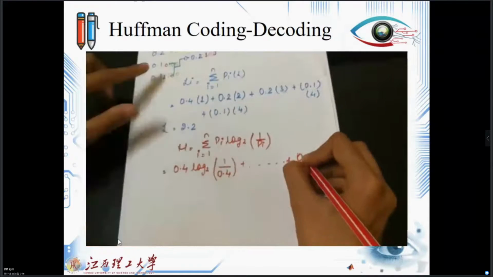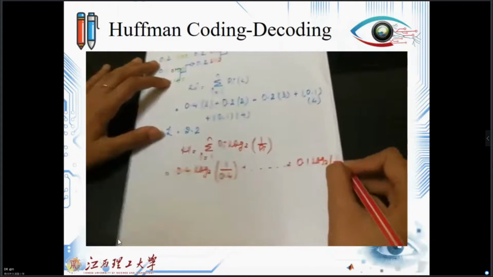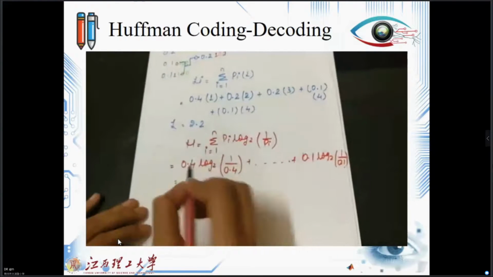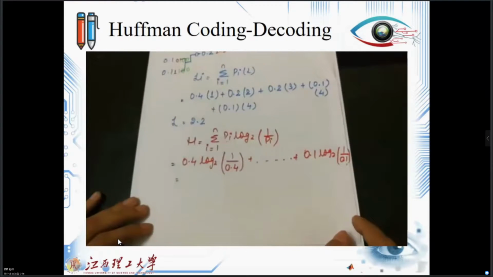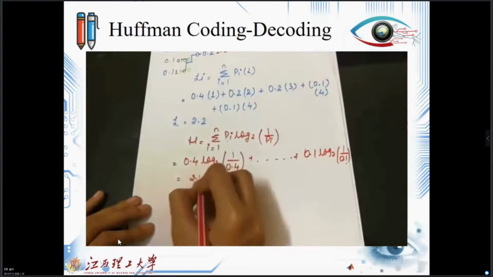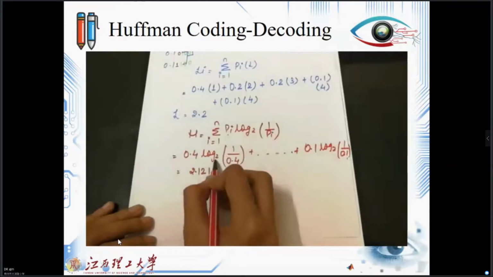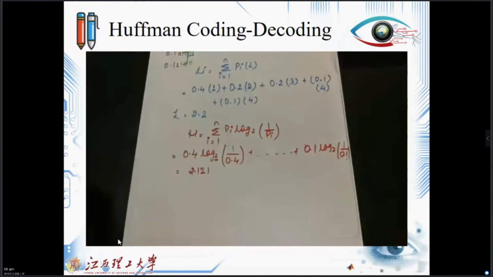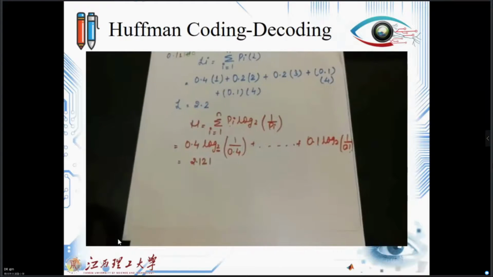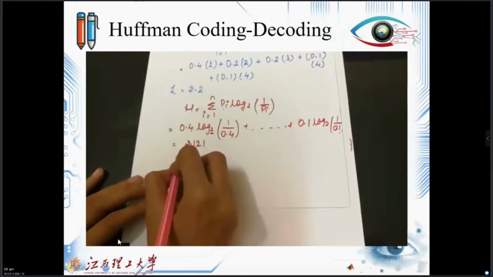Just simple, you do the probability multiplied by log 2 of 1 divided by the probability, for all the symbols that you have. Now you calculate, it becomes 2.121. Next step is calculating the efficiency.